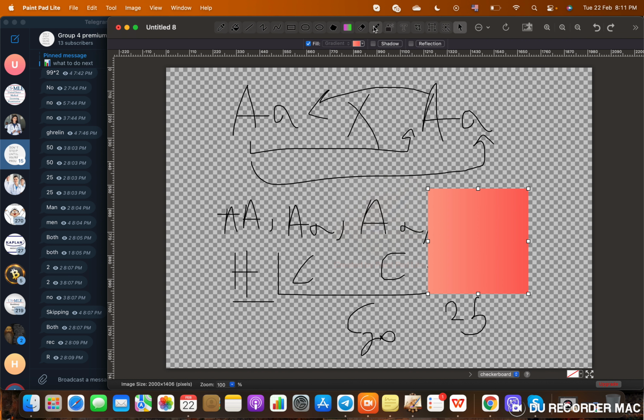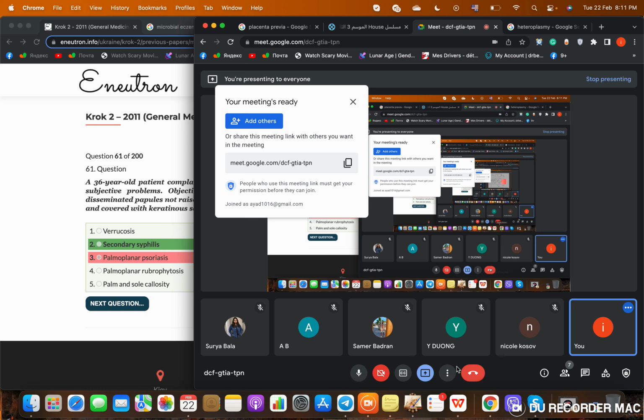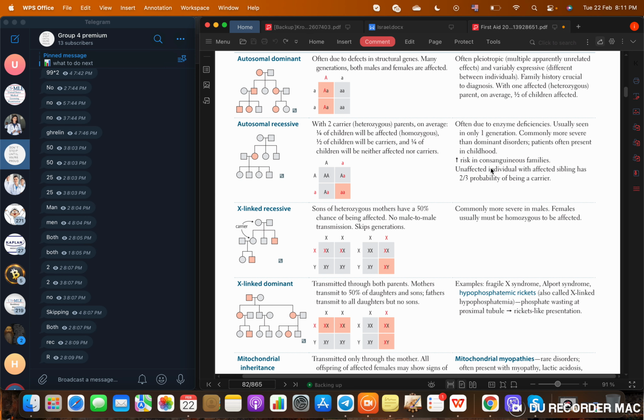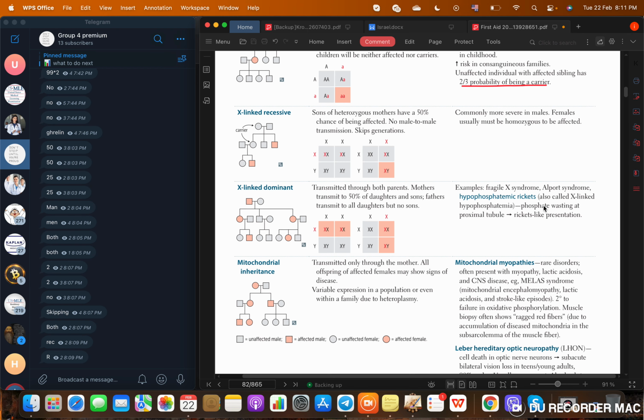So what can it be if he does not have symptoms? He can either be a carrier or he can actually be healthy. So what is the chance of him being healthy? It's 1/3. What is the chance of him being a carrier? It's 2/3. Okay. So they write here, see 2/3 probability of being a carrier.